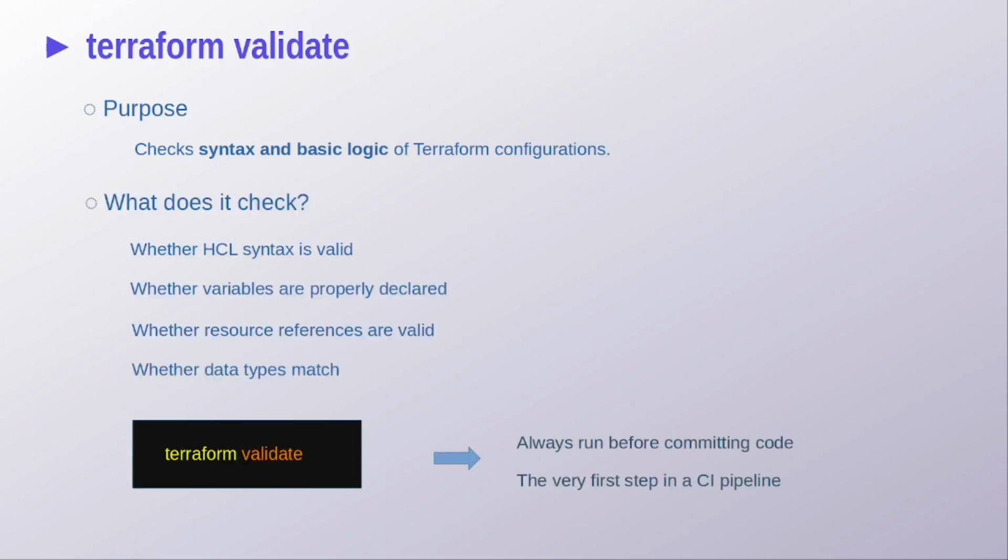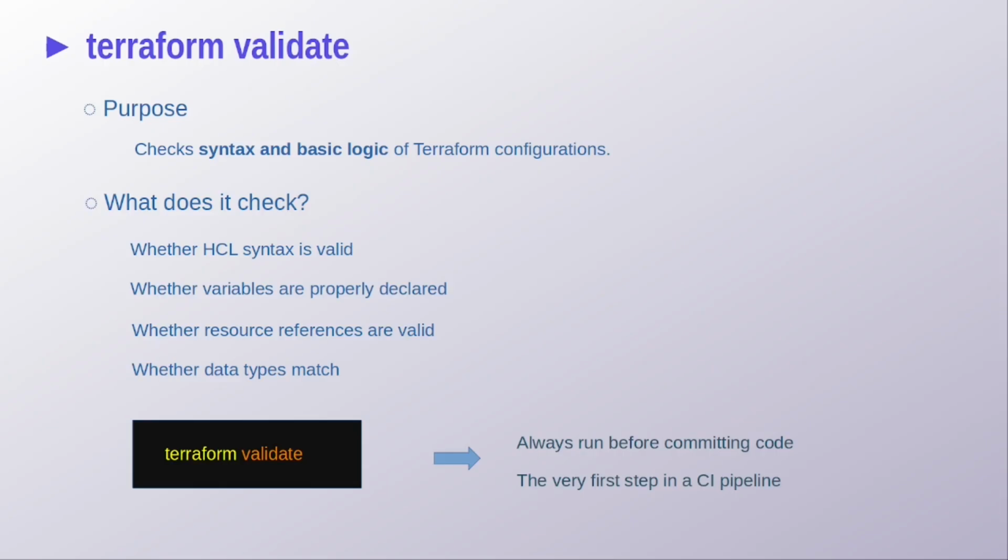Terraform validate, the first line of defense. Purpose: terraform validate asks, is this Terraform code valid? It answers: is the syntax correct? Does Terraform understand this configuration? What does terraform validate check? HCL syntax is valid, variables are declared, resource references and data types are correct, for example string, list and map.